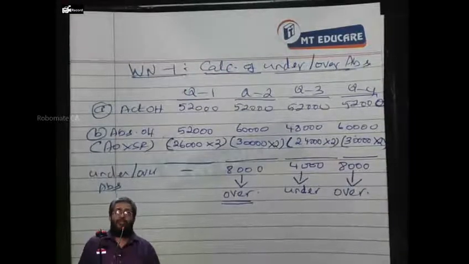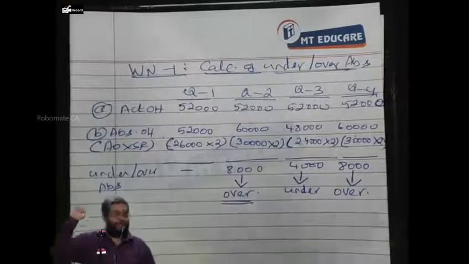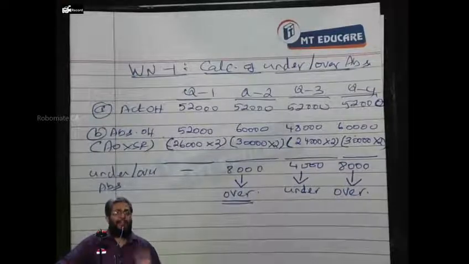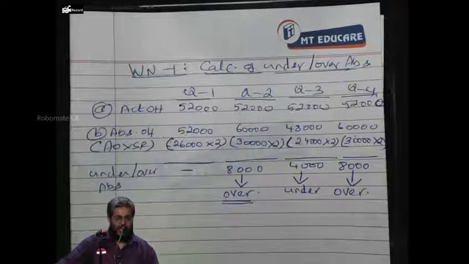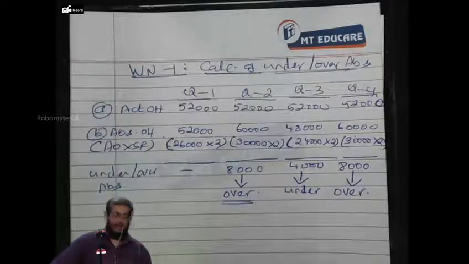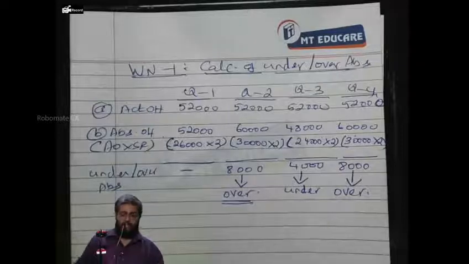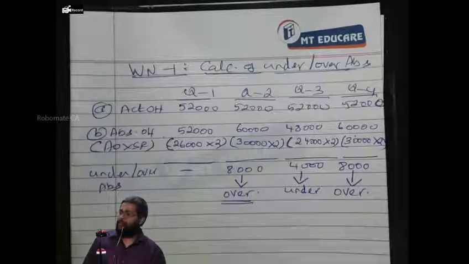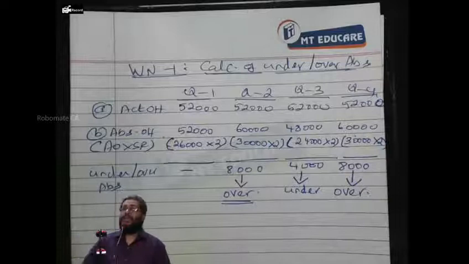Any opening stock? No. To produce every unit, the manufacturing cost is how many rupees? 6 rupees. How many units am I producing? 26,000 units. So 26,000 into 6 is the cost of production: 1,56,000. Respond yes or no? Any closing stock?